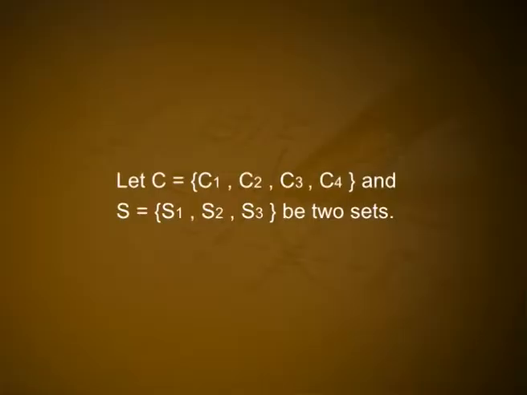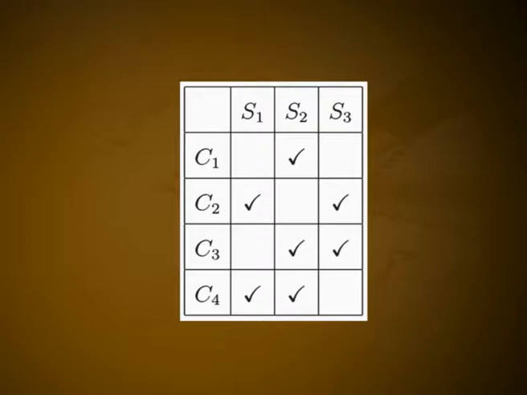Consider the following example. Let C equal the set of elements C1, C2, C3, C4 and S equal the set of elements S1, S2, S3, be two sets. Consider the following table. Here C1, C2, C3, C4 are arranged row-wise, S1, S2, S3 are arranged column-wise.